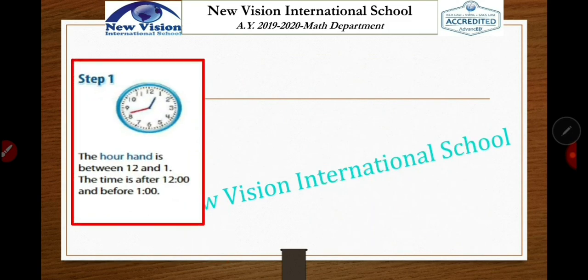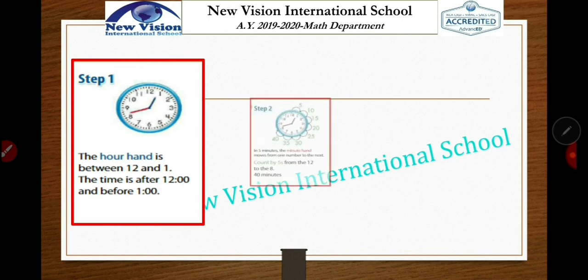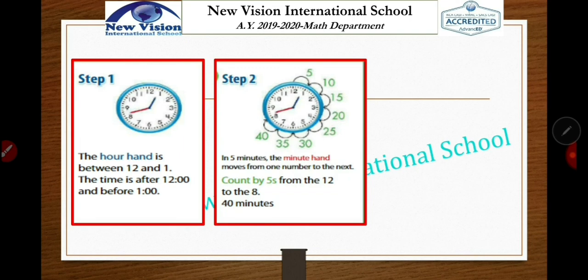Okay, so we have here some steps on how to tell time to the nearest minute. Step 1. The hour hand is between 12 and 1. The time is after 12 and before 1 o'clock. Step 2. In 5 minutes, the minute hand moves from one number to the next.